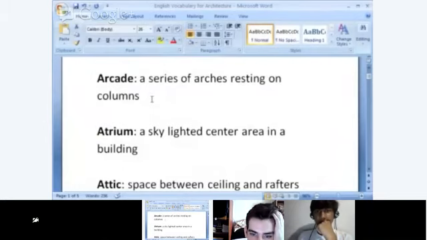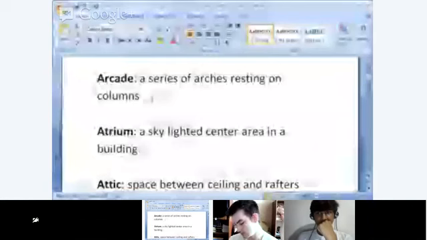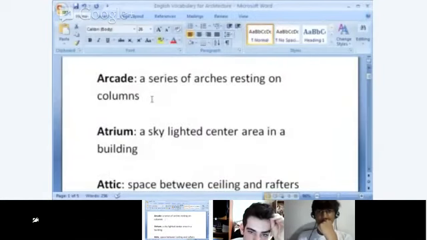Interesting. And when we apply it to architecture, a series of arches. Do you know what an arch is? An arch is a curved opening resting on columns. And of course, we need to understand columns.